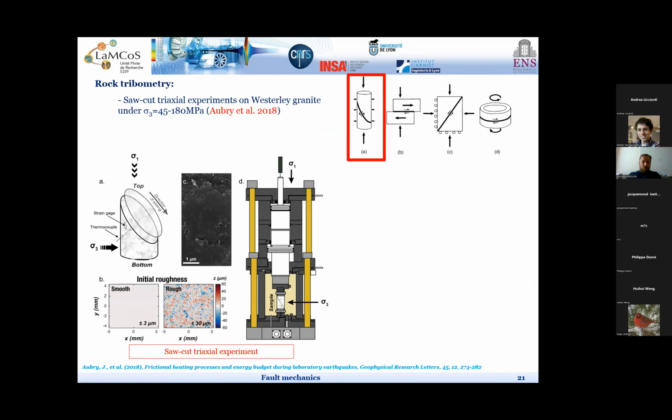Another class of rock tribometry apparatus is the so-called triaxial experiments. So this one, for example, was done by Guilhem Mollon in the Laboratoire de Géologie of INSA Paris some years ago.